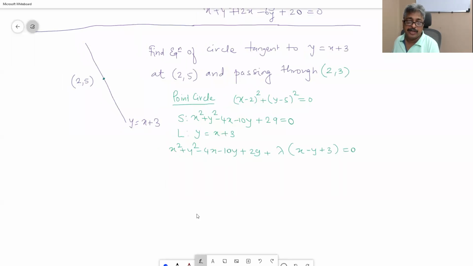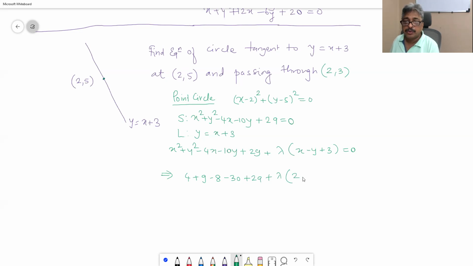Therefore I am interested in the value of lambda. 4 plus 9 minus 8 minus 30 plus 29 plus lambda times 2 minus 3 plus 3 is equal to 0. So how much is this? 4 plus 2 lambda is equal to 0.